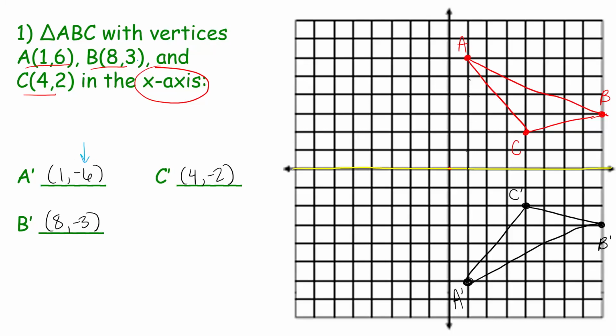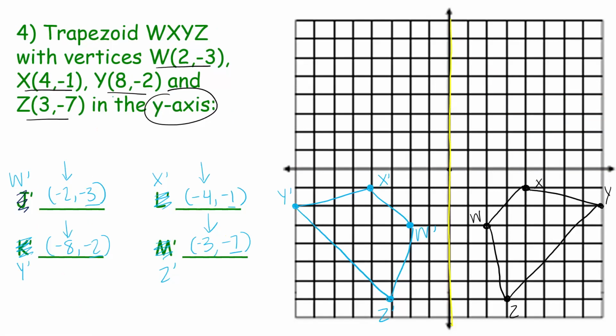B went from 8, 3 to B prime 8, -3. And then C went from 4, 2 to 4, -2. So when we reflect across the x-axis, the y values become their opposites. Just like in the other one. So x-axis means the y values change, they become the opposite.